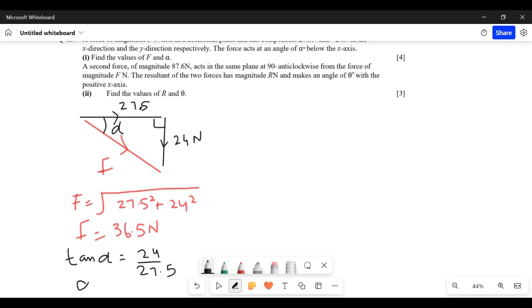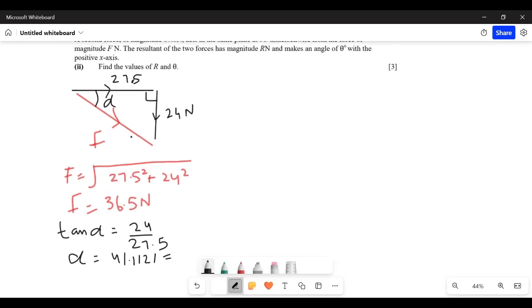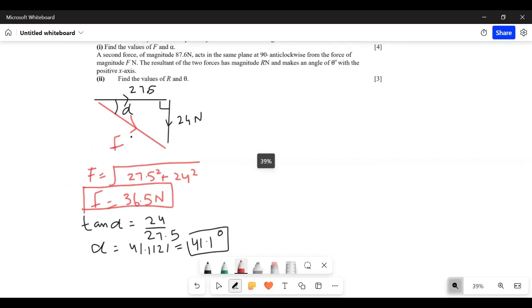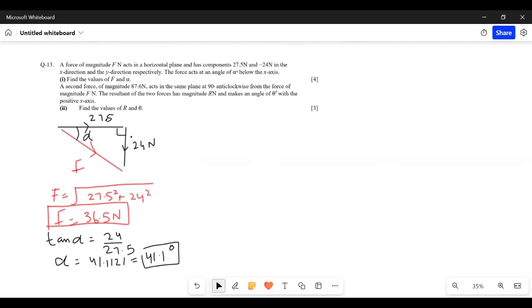Take tan inverse, and that should give you the alpha, which is 41.1121, which is 41.1 degrees. Angles in degrees have to be rounded off to one decimal place. Angles in radians have to be rounded to three significant figures. Okay, so we've managed to find F and alpha. So part one is done.